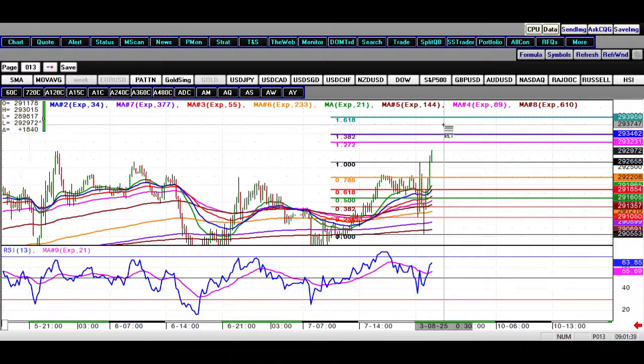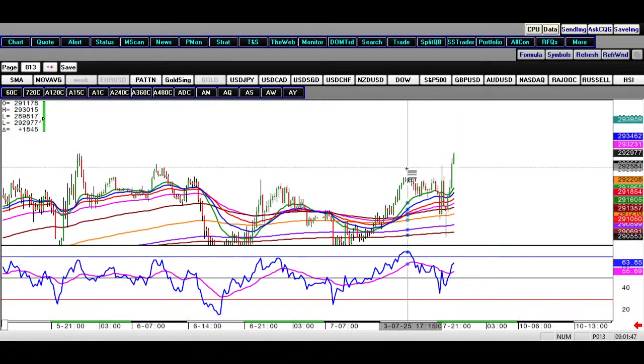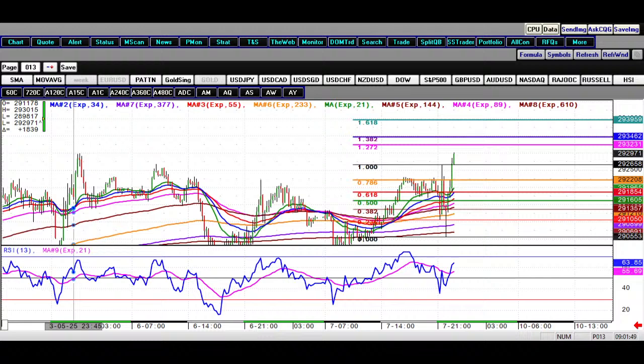But if it fails here, then we can see the price coming off again. So here's a 50-50 chance, and we should not see the price going above 35. 33, 35 is a very important level.